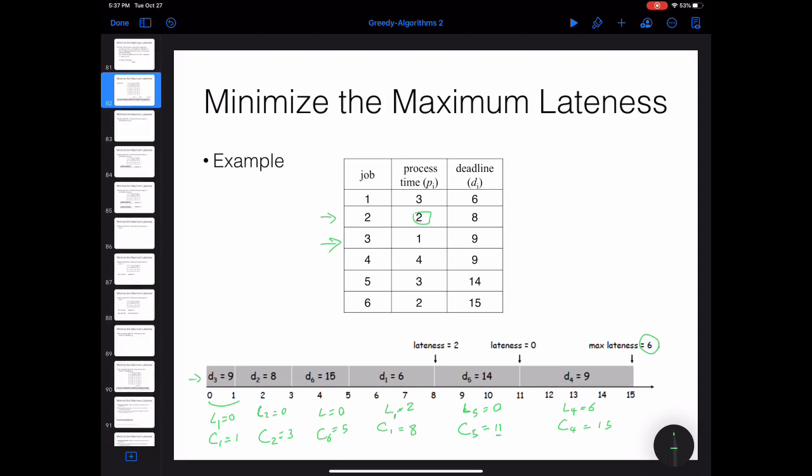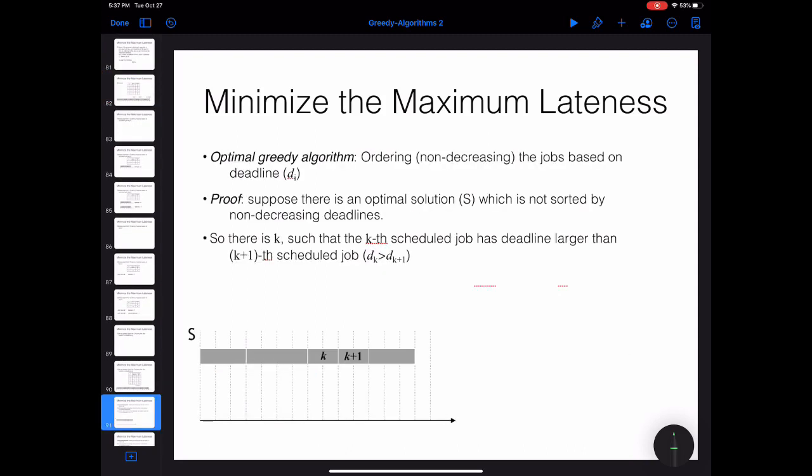So now the question is, how can I prove that this greedy strategy gives me the optimal answer? The greedy strategy is to sort the jobs based on the deadline in increasing order or in non-decreasing order.